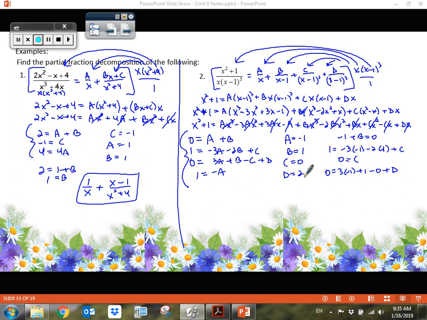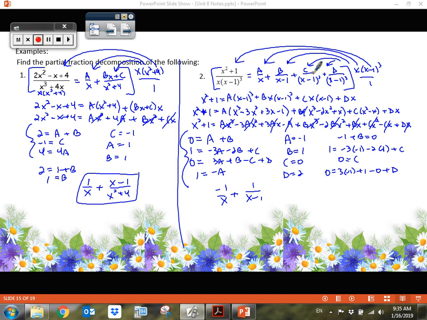Alright, so let's put those numbers in our fractions. So I have negative 1 over x plus b is 1, 1 over x minus 1. The c fraction, that's 0. That means that wipes out this entire fraction. We don't have that fraction anymore.